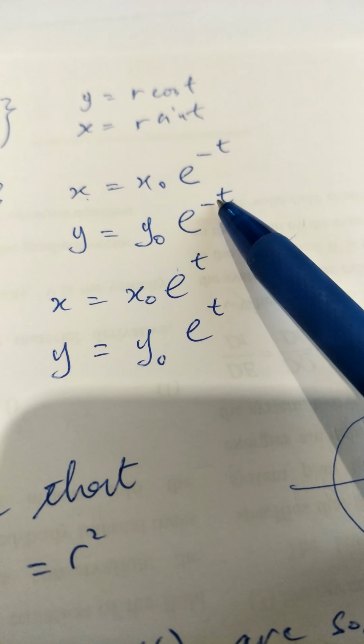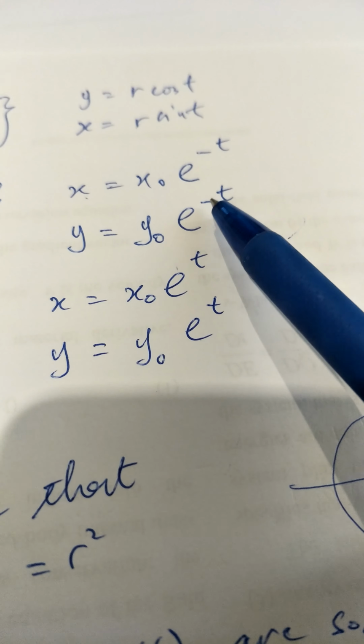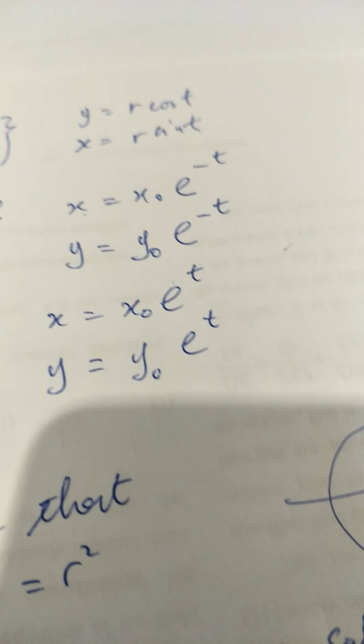Let me write this. The solution is given as x equal to x naught e to the minus t, y equal to y naught e to the minus t.